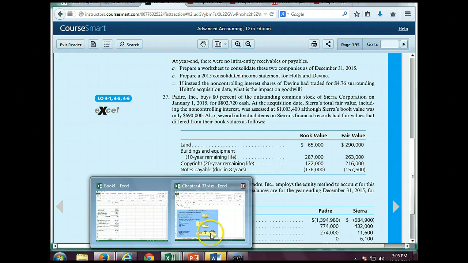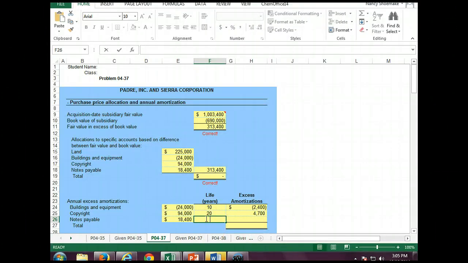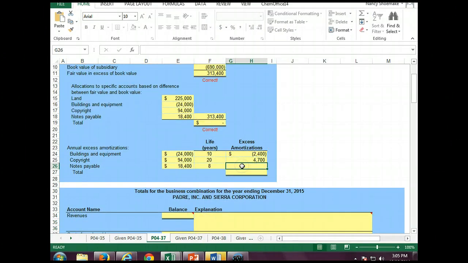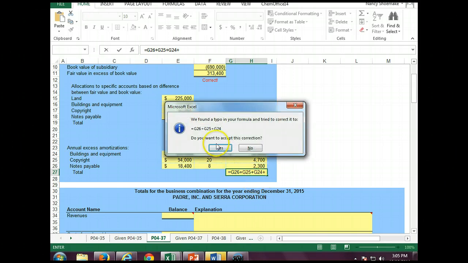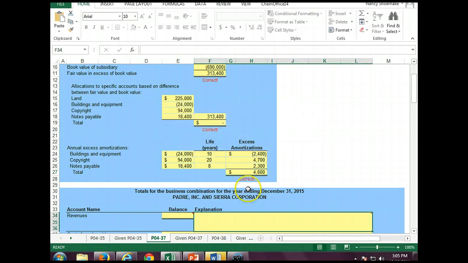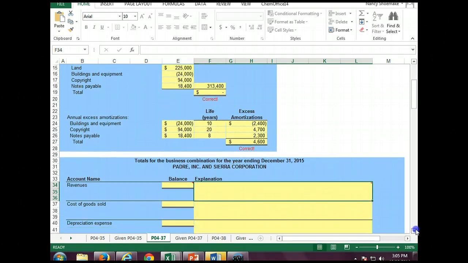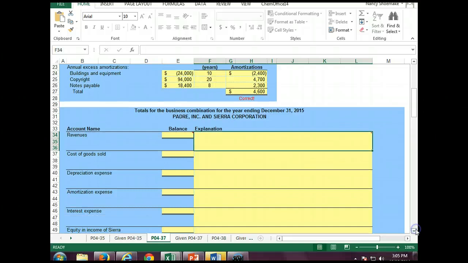And that's for 8 years. 18,400 over 8 years is what? 2,300. So if we take these, $4,600 is our amortization. We don't take land into account because we cannot depreciate land.